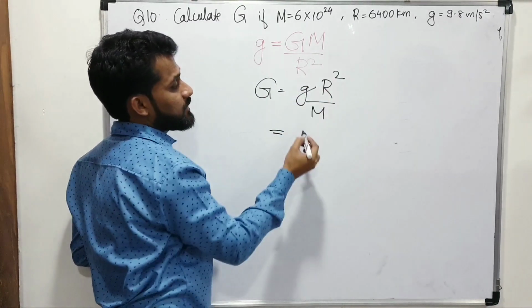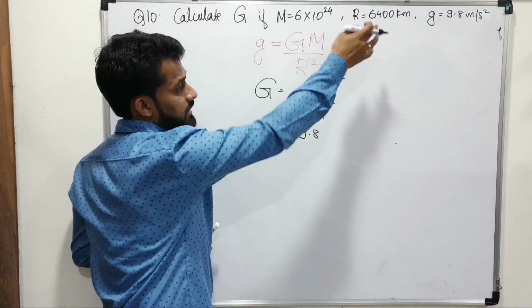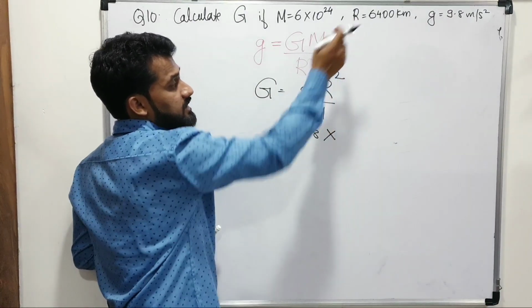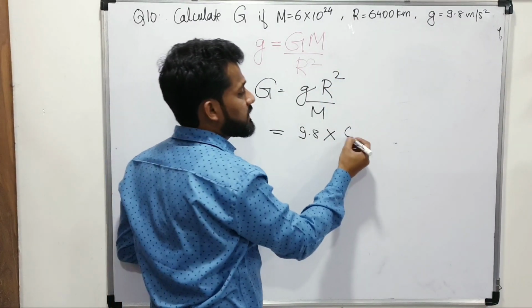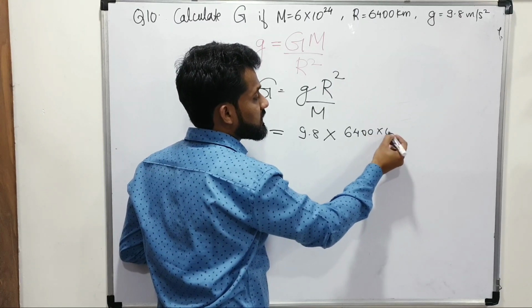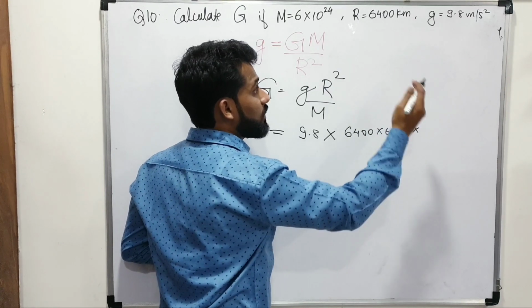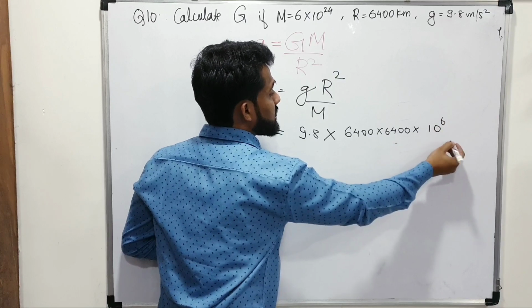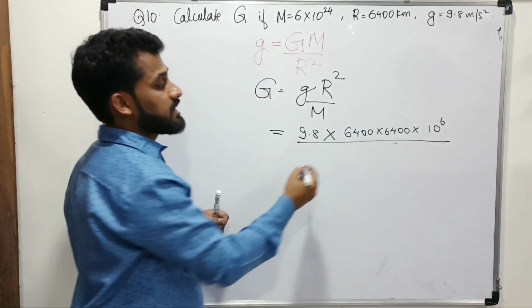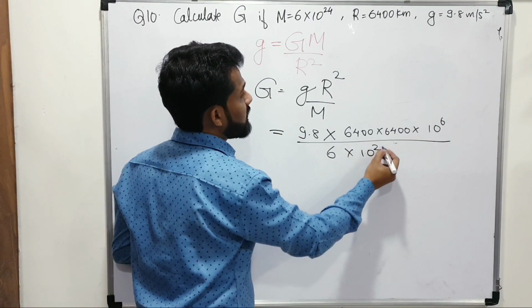If I put in the values now: 9.8 in SI unit, radius is 6400 kilometers, which we have to square, so 6400 into 6400 into 10 raised to 6, divided by mass, which is 6 into 10 raised to 24.